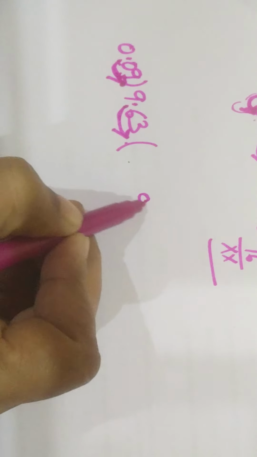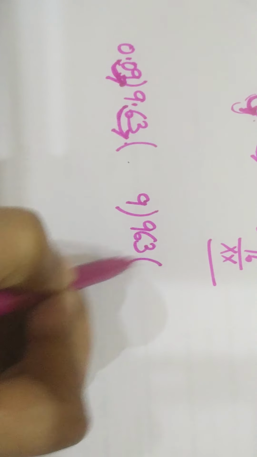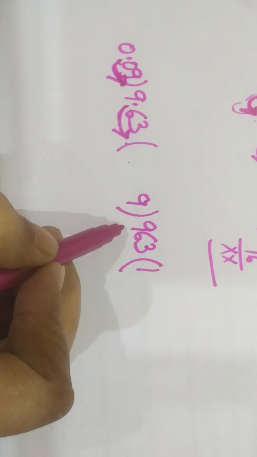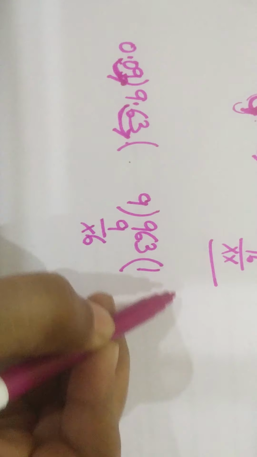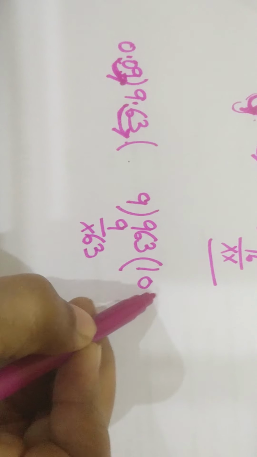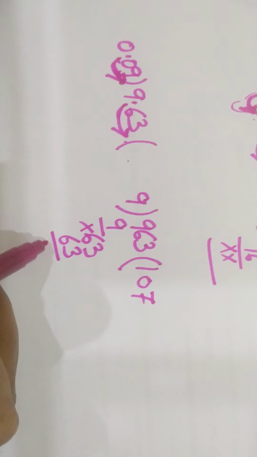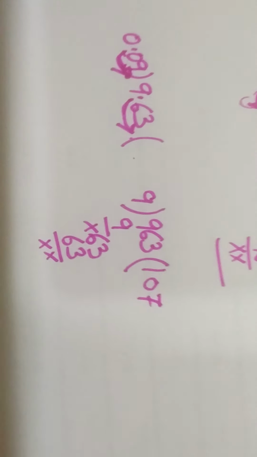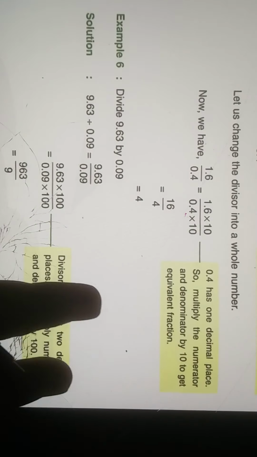Now this will become 9 and this will become 963. Now we can divide it as a simple division. So we get here 107. So this is the second way of dividing a decimal number by a decimal number.